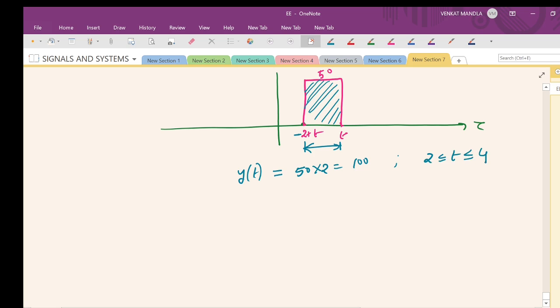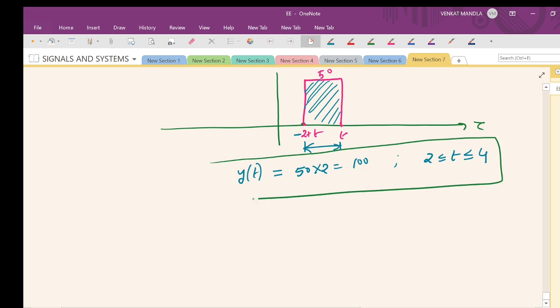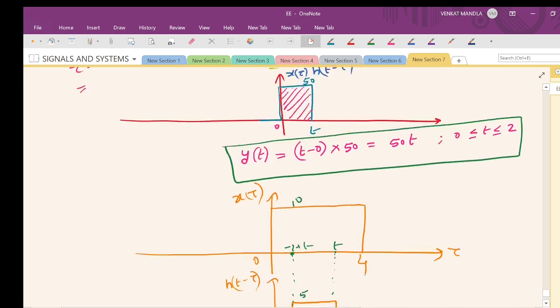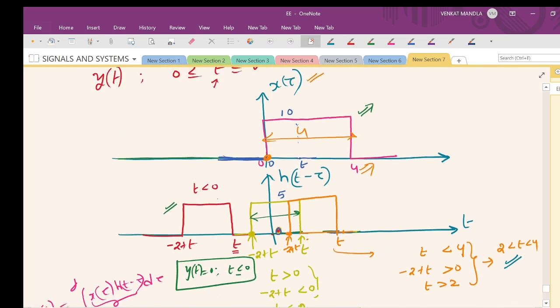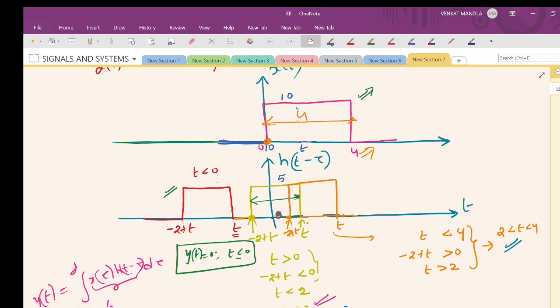Right, this is one of the cases, and the next case I will choose this. Initially it is here, okay, for t less than 0 there is no overlap.